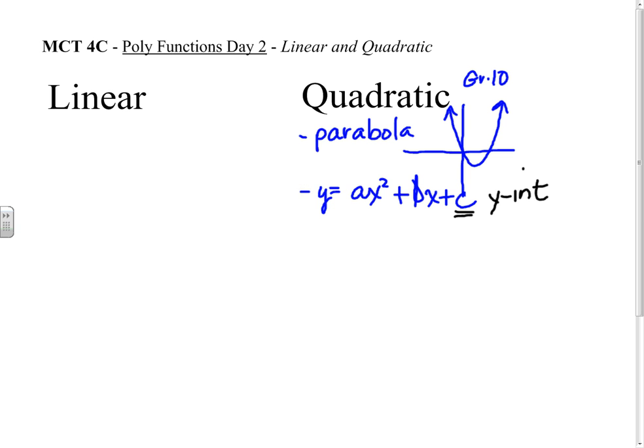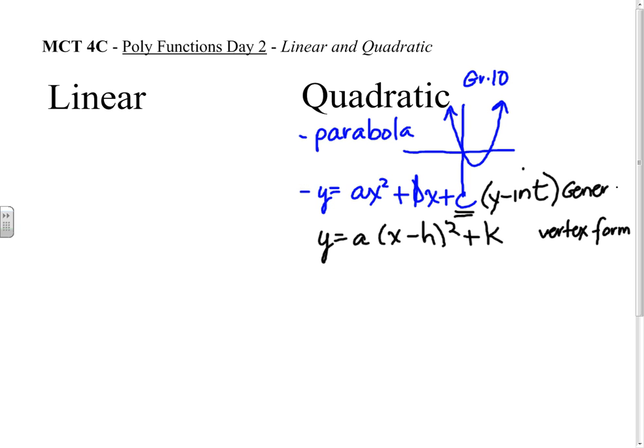There were other forms for a quadratic, and we spent some time doing some algebra with those, but the form that was easiest to graph was called the vertex form. The first form that I gave you is general form. And lastly, from time to time, we would write a quadratic in factored form.